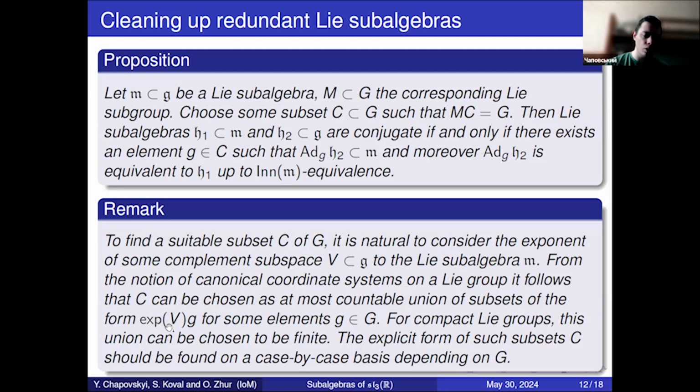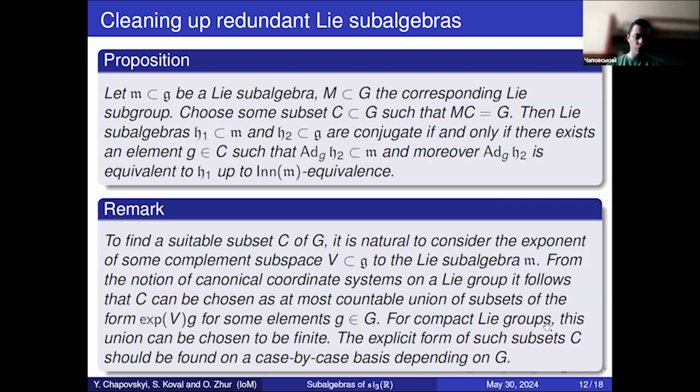From the notion of canonical coordinate systems, we obtain some chart in the identity, and by left or right multiplication by some elements of G, we can move this chart to the whole Lie group G. In general, we can only be sure that we can choose some at most countable union of such charts.